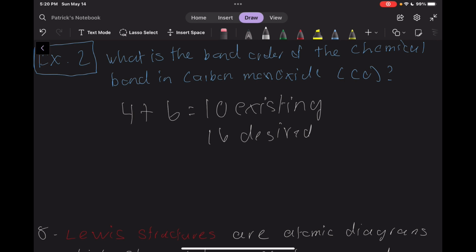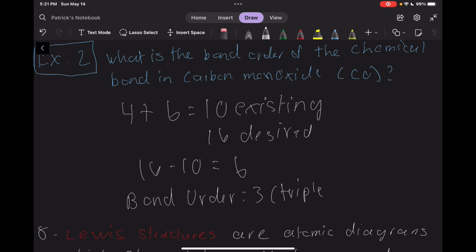If we calculate 16 minus 10, we get 6. 6 valence electrons means 3 electron pairs, and 3 electron pairs each need 1 bond, so a total of 3 bonds. This makes the bond order 3. And a triple bond will form in carbon monoxide.